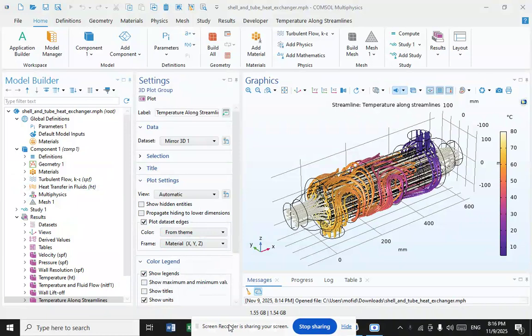Heat exchanger. A heat exchanger is a device that transfers thermal energy between two or more fluids, heating one while cooling the other without direct contact or mixing.